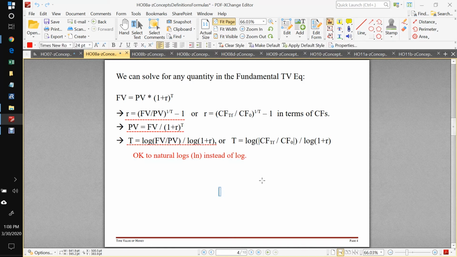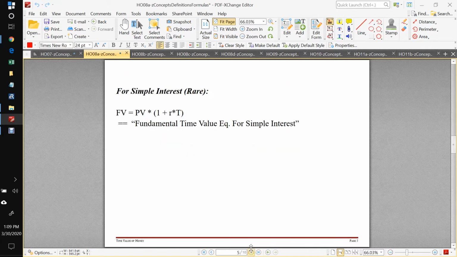And either one is going to give us the right answer. So we sort of beat this equation to death algebraically, just solving for every possible thing we could. This is the only version of the fundamental time value equation that I remember, and then I just do the algebra as needed to solve for whatever I need to solve for.